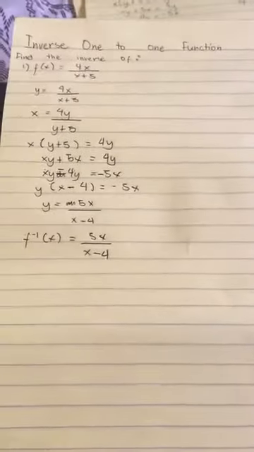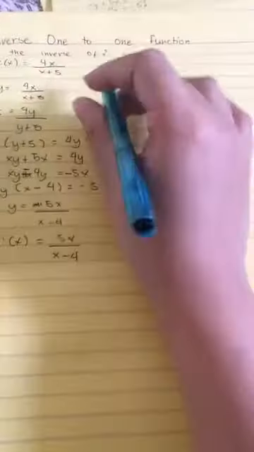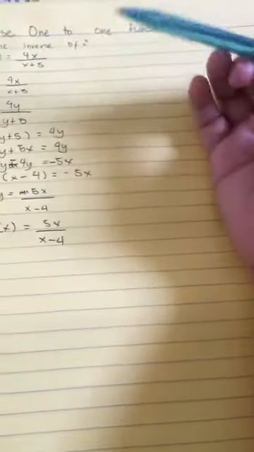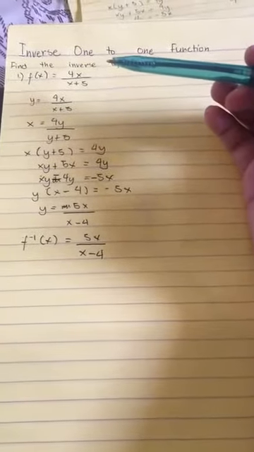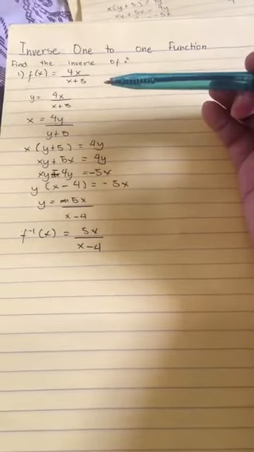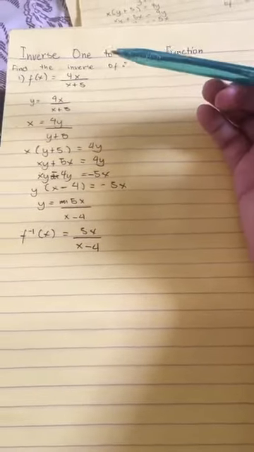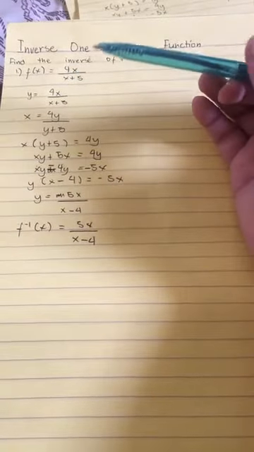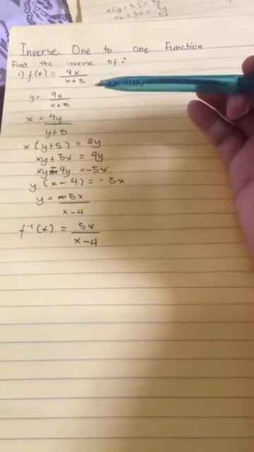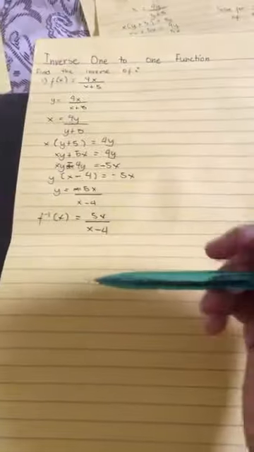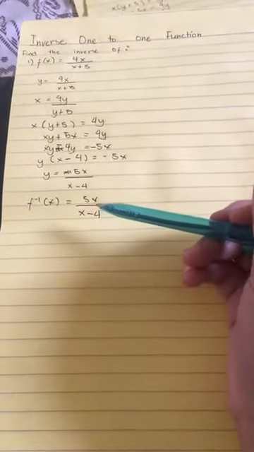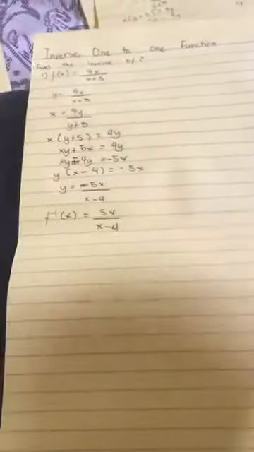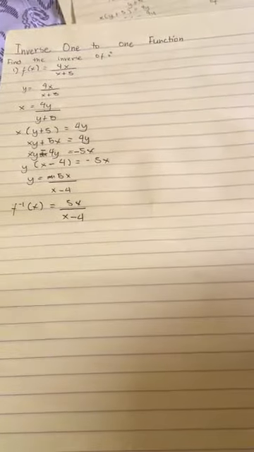We now have the inverse of question number 1, which is f of x equals 4x over x plus 5. The inverse of that is 5x over x minus 4.